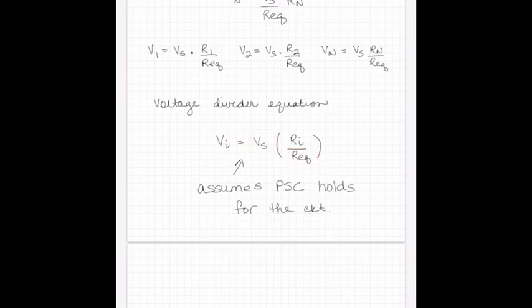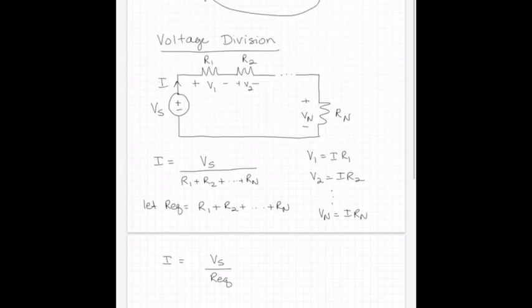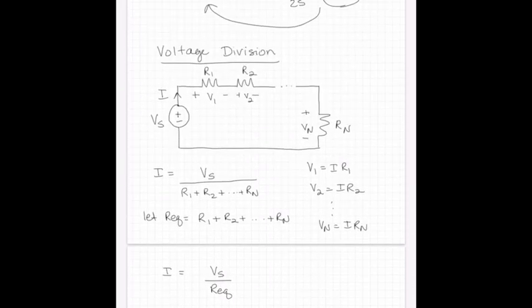But we've rearranged the order or the presentation of the right-hand side to look like a fraction of the total voltage. So going back up to the circuit again, the voltage divider equation, and I'm going to write it down up here as well: the ith voltage is equal to Vs times Ri over Req, okay?